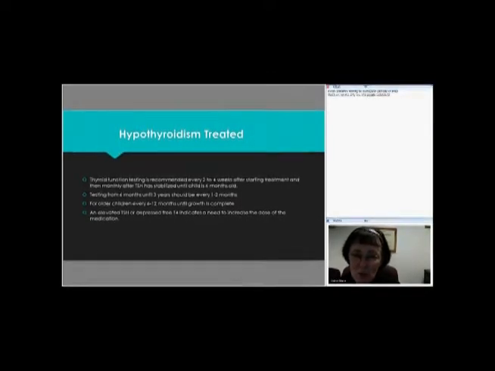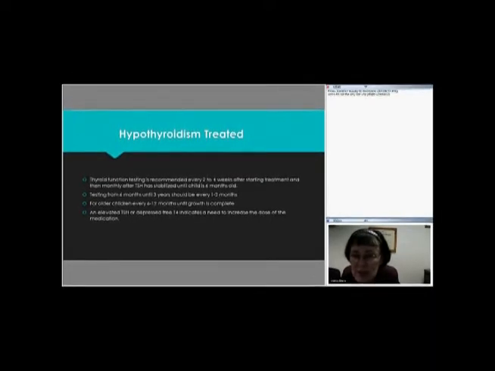So if you have a child that has hypothyroidism, remember that you're going to be checking to make sure that their hormones are where they ought to be very frequently. Every 2 to 4 weeks is very frequent for the first 6 months of age. And then after that, you could test them monthly or every 2 months. And then for older children, half a year to a year until they get their growth complete.